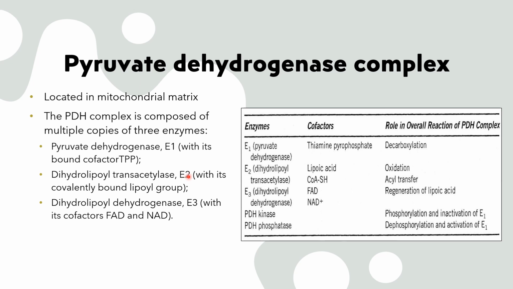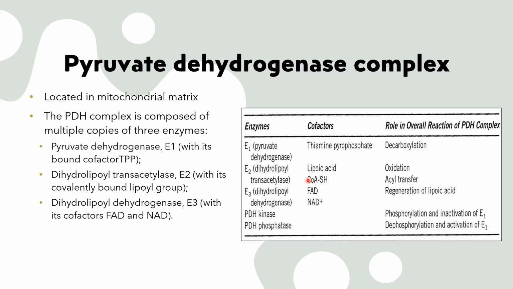usually reduced to form the disulfide bond, which will now be reduced by the 3rd enzyme E3, which is called the hydrolipoyl dehydrogenase. So this 3rd enzyme, the hydrolipoyl dehydrogenase, regenerates the lipoic acid, which had been reduced by the activity of the hydrolipoyl transacetylase.